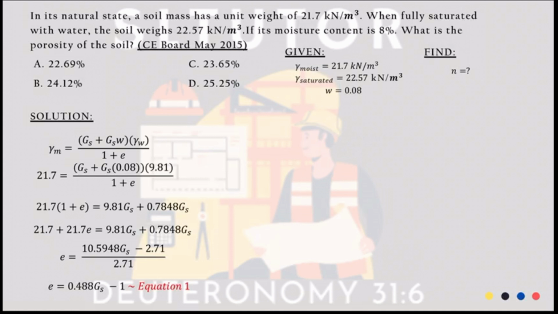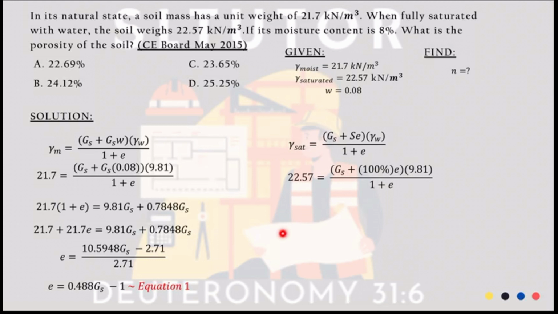So, ito naman po ang formula ng gamma sat or gamma saturated. GS plus S, ito pong S na to is what you call degree of saturation. Sabi sa problem, when fully saturated, meaning 100% ang magiging degree of saturation. Yung E, unknown po, gamma water, 9.81 over 1 plus E. So, substituting the known values, we can get this equation.